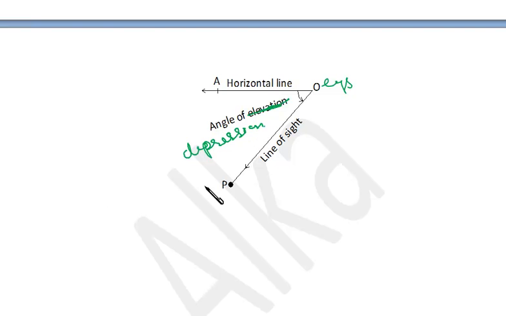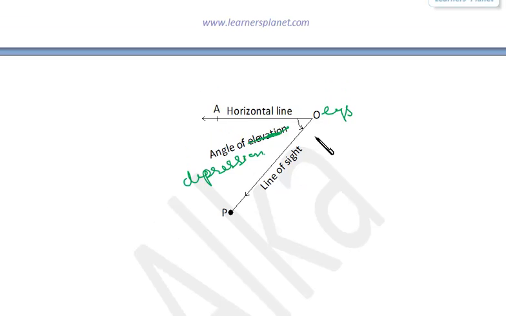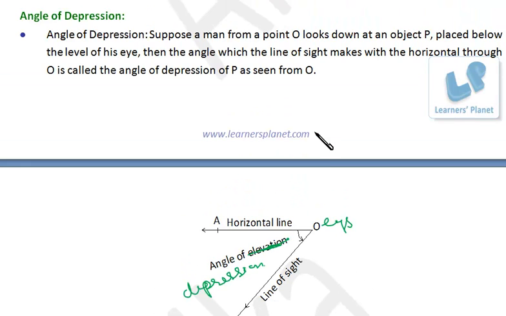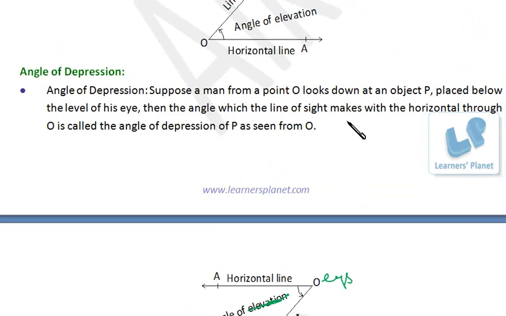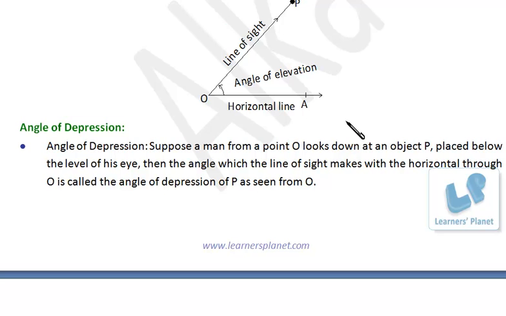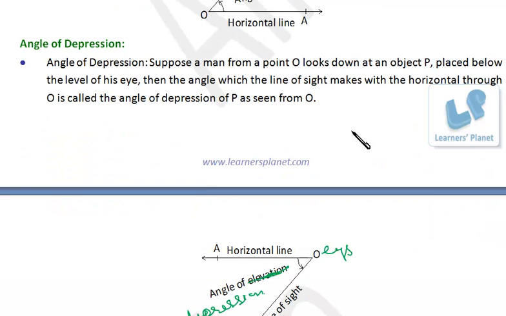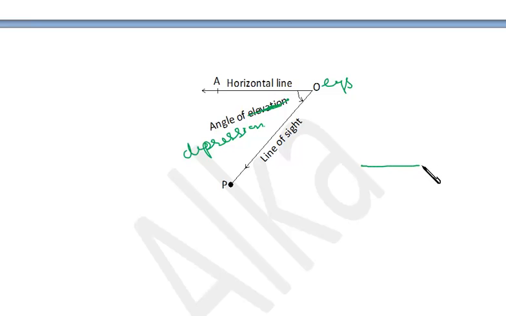But actually, see, if we compare these two, I just draw one set of lines over here. This angle, the angle of depression, will be equal to the angle of elevation, because the lines are parallel, right? The lines are parallel. So this is the angle of elevation and this is the angle of depression.